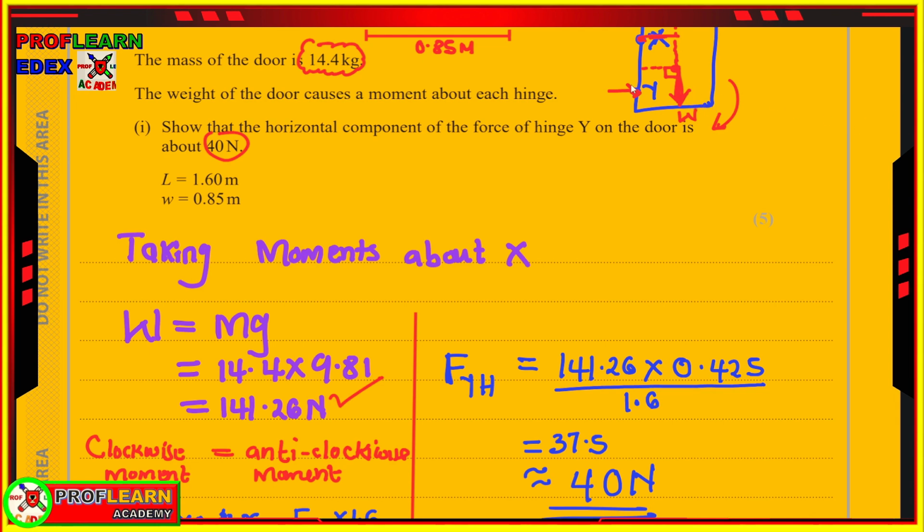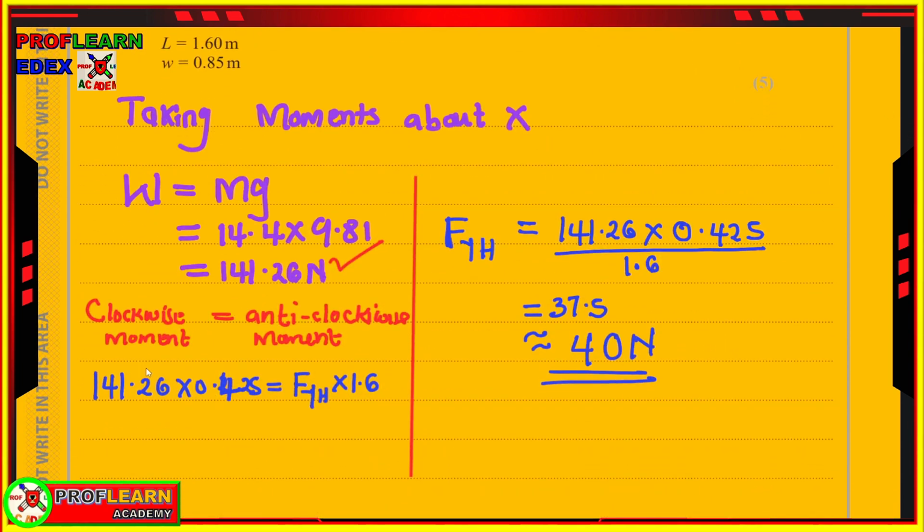But this force, Fy in the horizontal direction, will be pushing this door and giving it an anti-clockwise moment. The distance we shall use is the distance from X to Y. So we say clockwise moment equals anti-clockwise moment, and the weight of the door is 141.26 times 0.425.